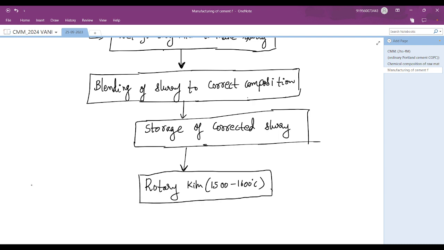So this is the temperature that is to be maintained in the rotary kiln in wet process. Now for the burning, here we use fuel. That fuel is obviously powdered coal, oil or natural gas.